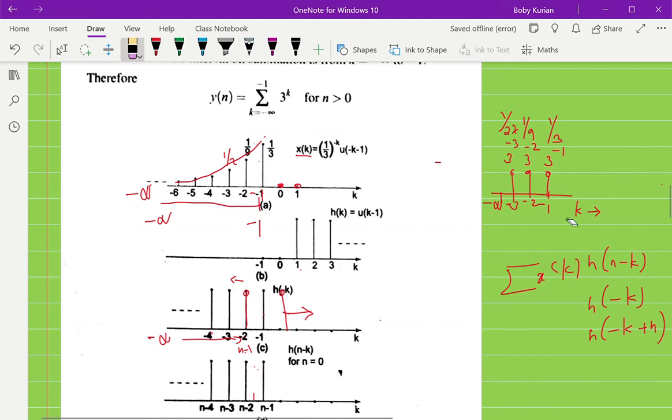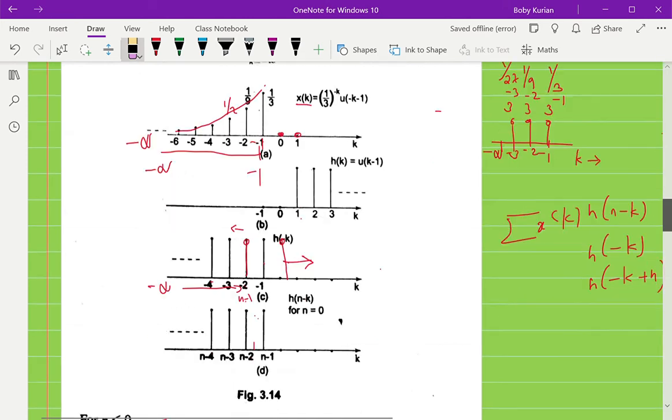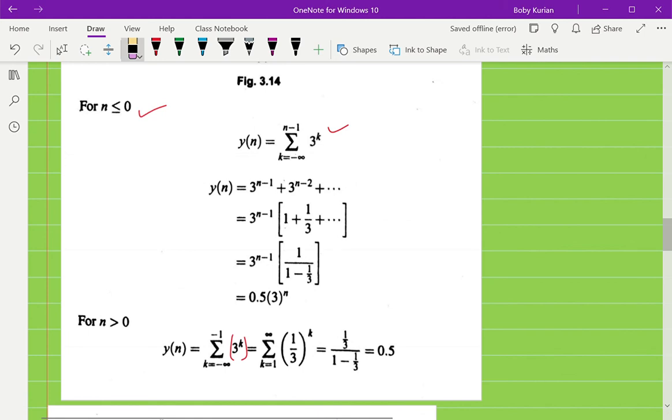So the first one is sigma k equal to minus infinity to n minus 1 of 3 raised to k. In the second case, if n is greater than 0, sigma k equal to minus infinity to minus 1 of 3 raised to k.